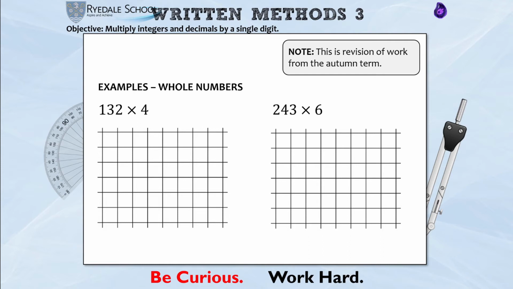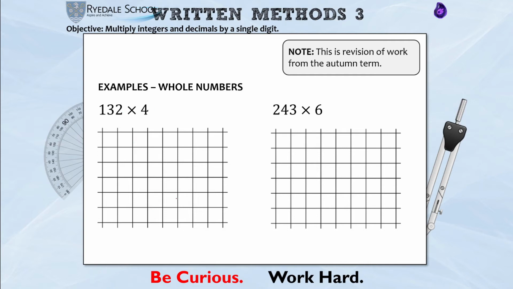I would recommend you have something to write with, but also a ruler and a pencil for doing your answer lines. I also recommend that you put a number in each square, and that way your work will be neat and tidy. We'll start with a couple of whole number examples, then we'll remind ourselves how we do this with decimals.